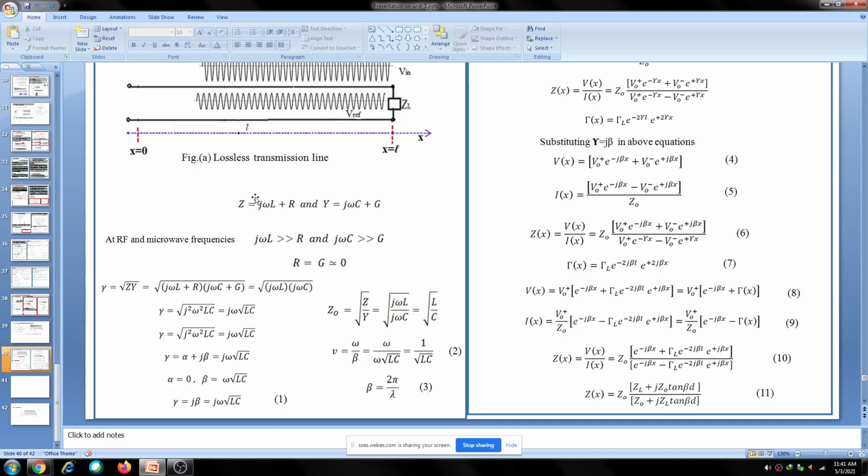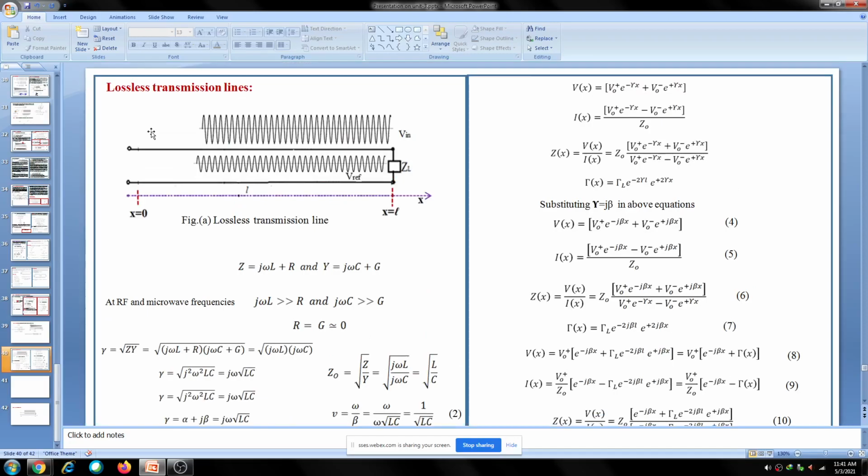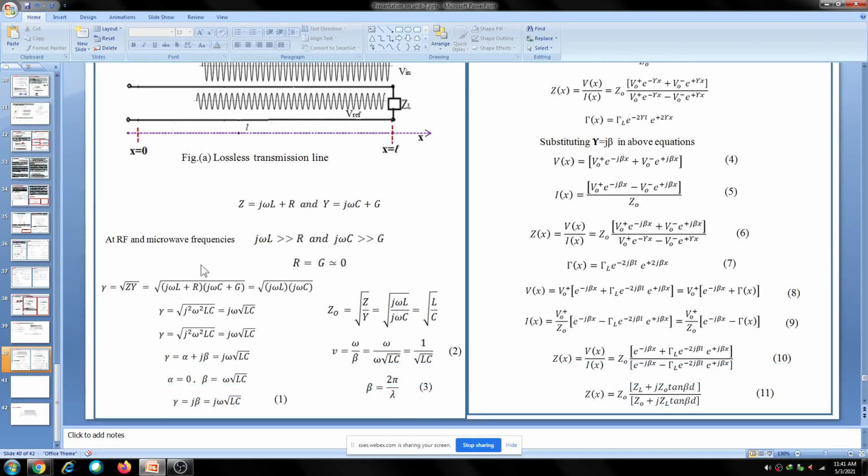So in lossless lines, the propagation constant consists only of the imaginary term, because after substitution we got only an imaginary term. Generally it is alpha plus j beta, but for a lossless line we have only this. By comparing the imaginary and real parts of gamma, we get alpha equal to 0, but beta is omega root of LC.